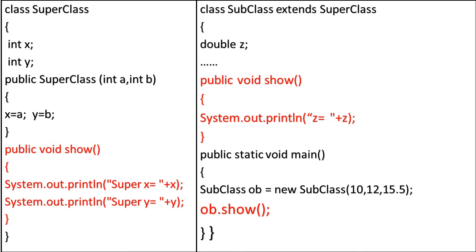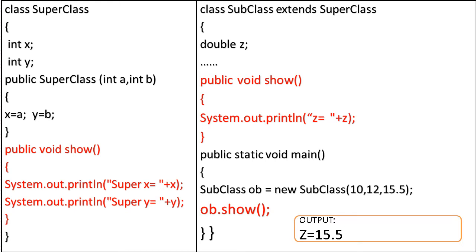So when we try to call the function show inside main, ob.show, it will simply overwrite the previous definition which was displaying super x and super y. So in place of super x and super y, now the value of z only will be displayed. So when we execute this program, we will see the value of z, that is 15.5.